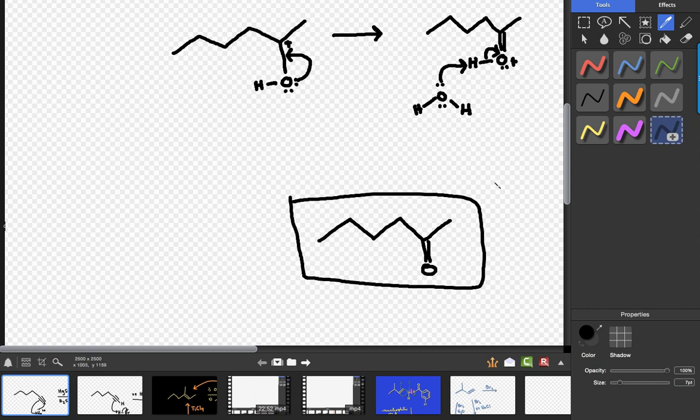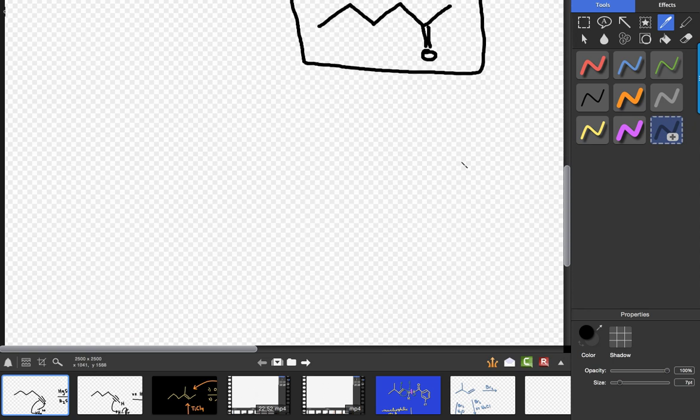Now, I've talked about hydroboration on a couple of other videos, so I don't want to get into mechanistic details here. But hydroboration is anti-Markovnikov. So what is going to end up happening with a molecule like this is that the OH attaches to carbon 1.